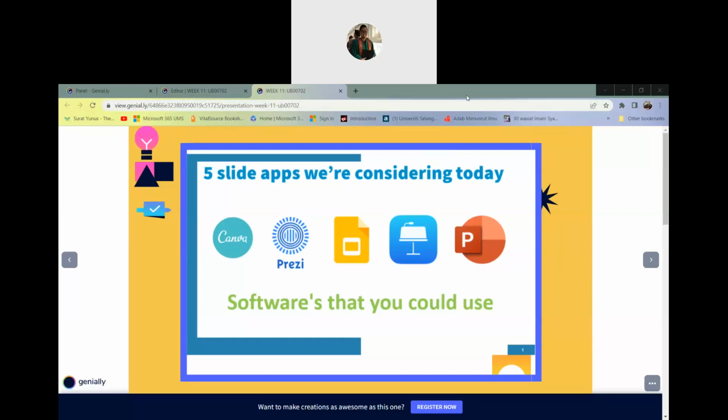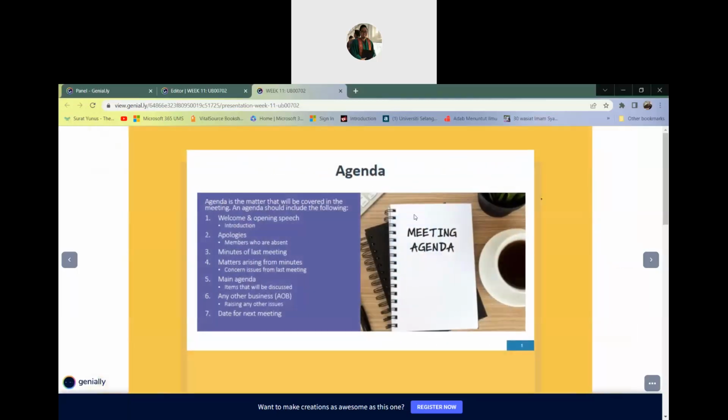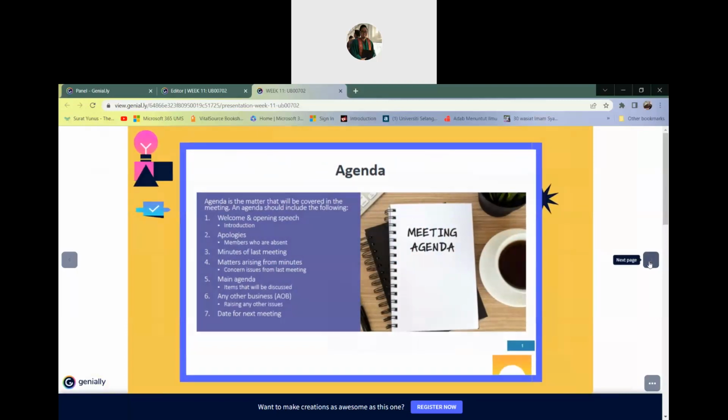They have templates as well. You can use that too. There are lots of others, like Prezi. But if you do not want to use PowerPoint, you can use other presentation software that you are comfortable with.